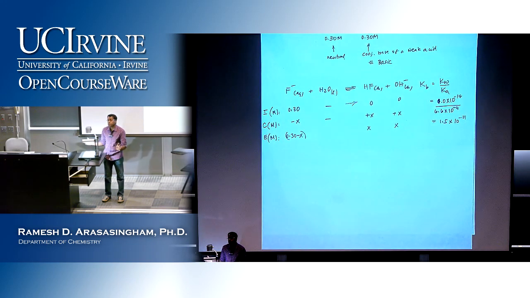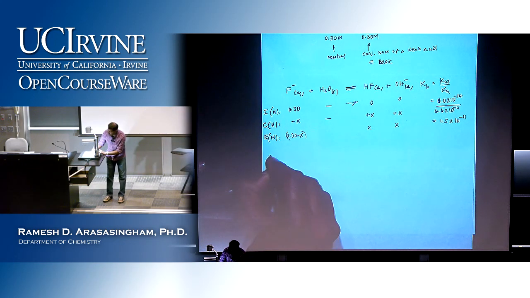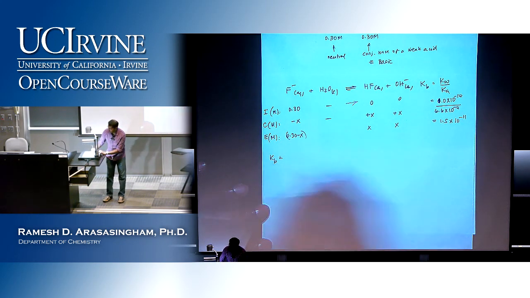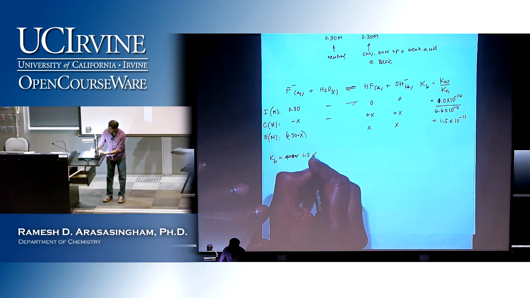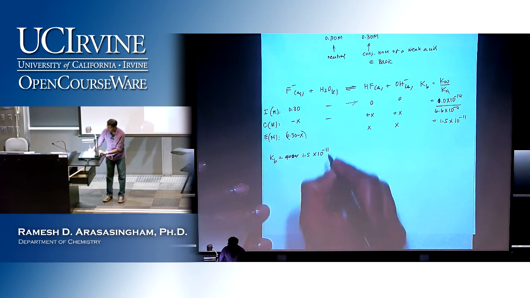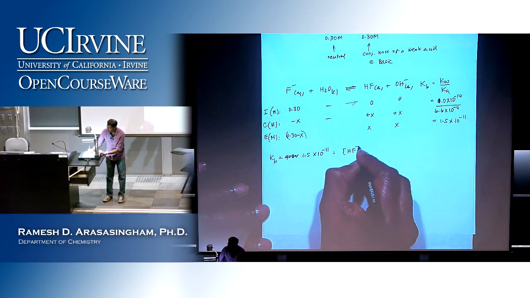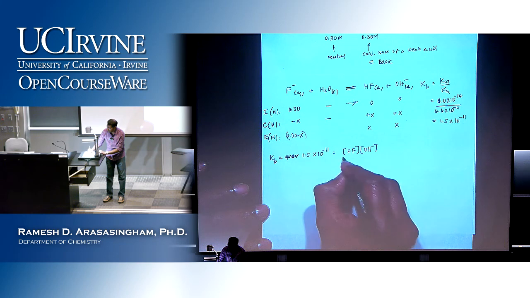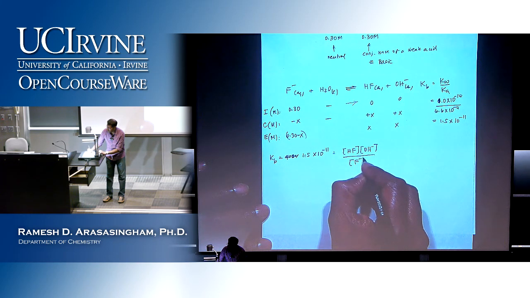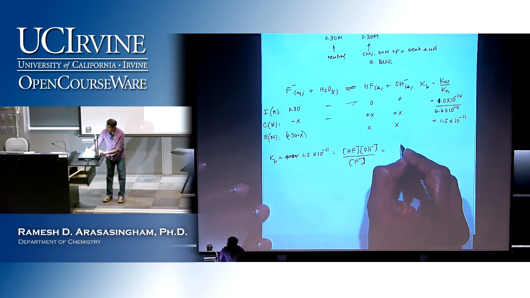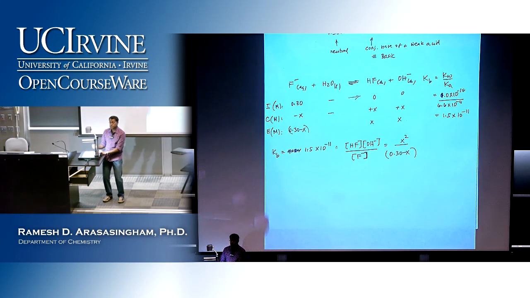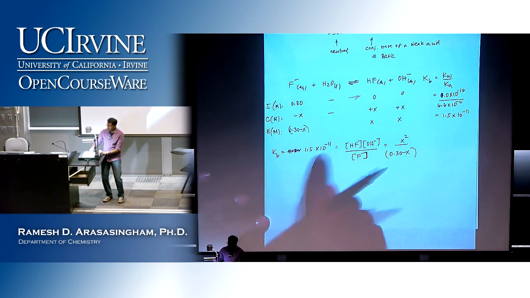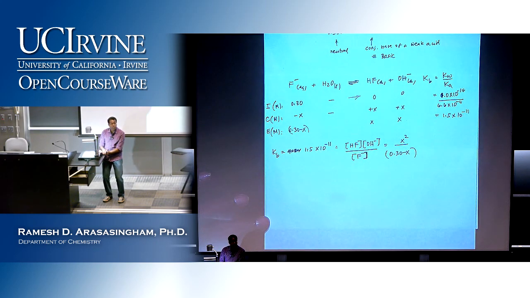All right? So we work tons of problems using this approach. Okay? Now we're looking at Kb. Kb is a really small number, 1.5 times 10 to the negative 11. And we know that equals the HF concentration times the hydroxide ion concentration over F minus, which is X squared over 0.30 minus X. Since this is 10 to the negative 11, we know this X is going to be extremely small.